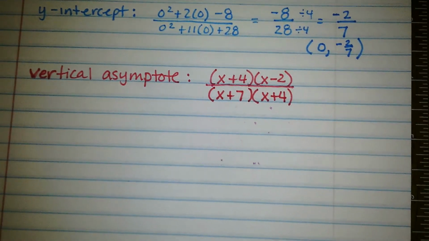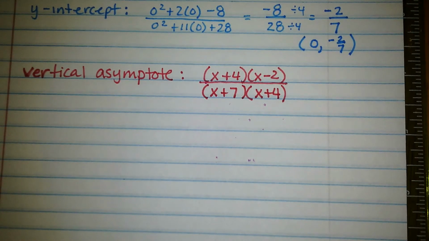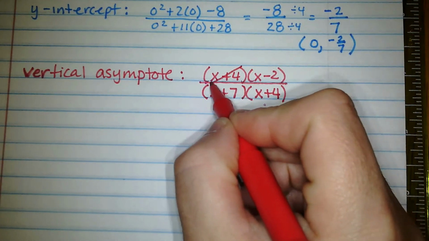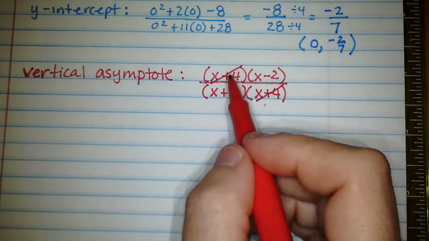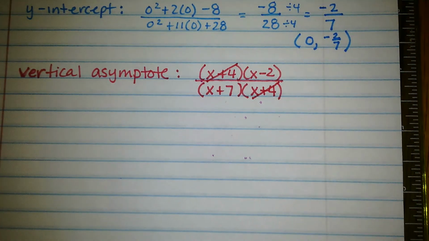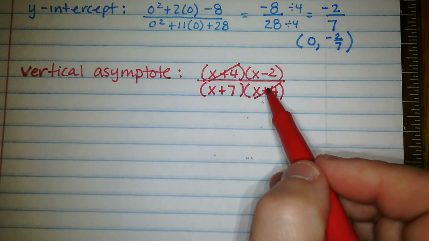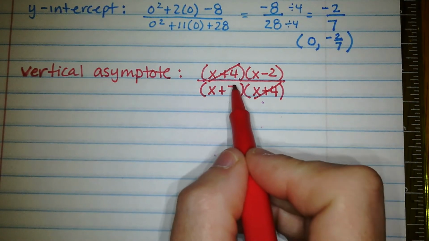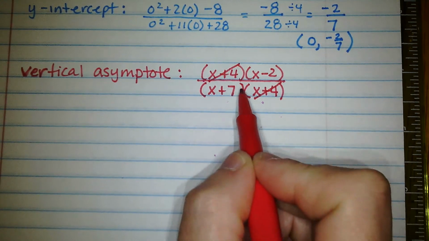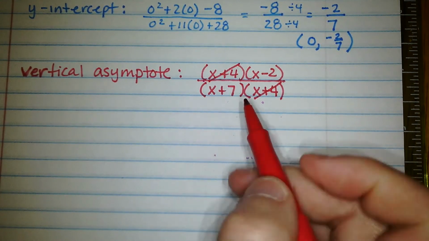All right, so after we factor, we are going to reduce. And the key thing here is we reduce the X plus 4s because they're the same exact factor. And then what ends up happening is any expression that's left in the bottom gets solved for a 0.